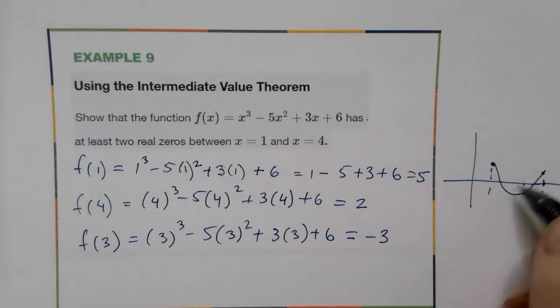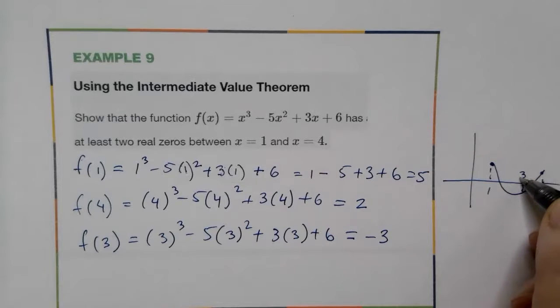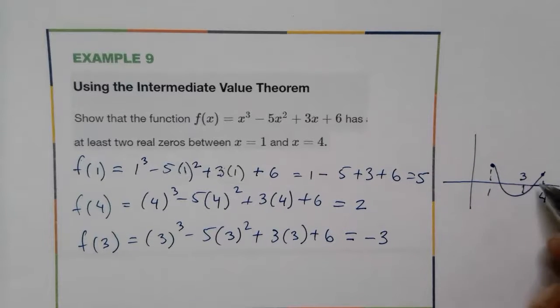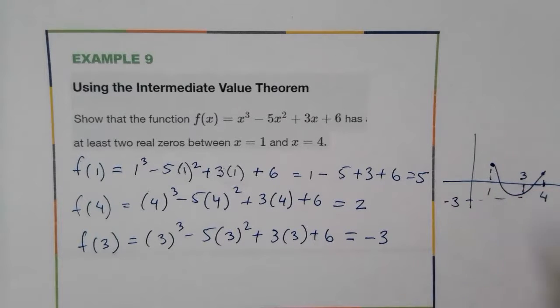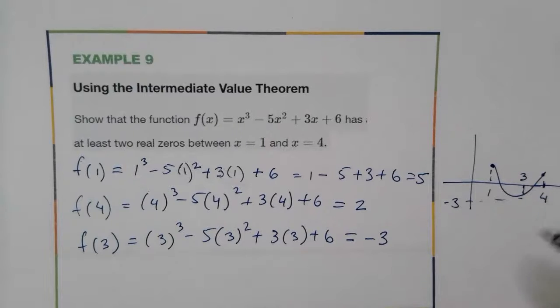So basically, when x equals 1 the function value is positive, and when x equals 3 the function value here is -3. So I have a positive value for f at 1 and a negative value for f at 3.